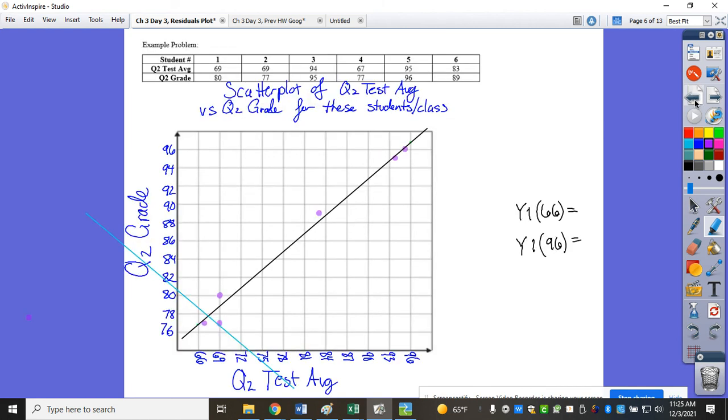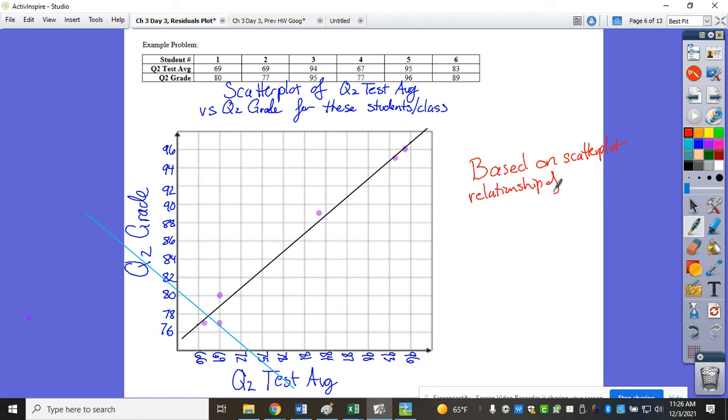Alright, so I want to write a couple things over here. For this one, based on the scatter plot, the relationship of x versus y is two things.